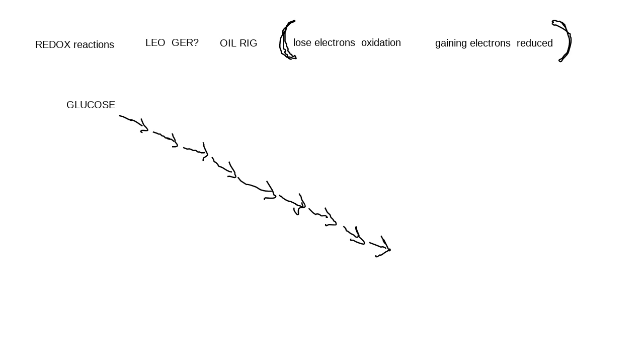So what you have to think of is this. There are a bunch of high energy electrons sitting in all the covalent bonds inside that glucose. All the covalent bonds holding that glucose molecule together are made of electrons.